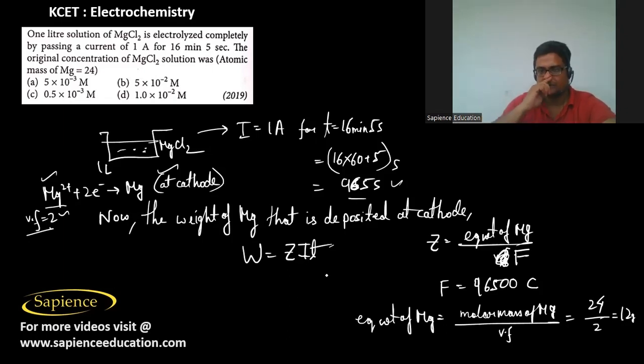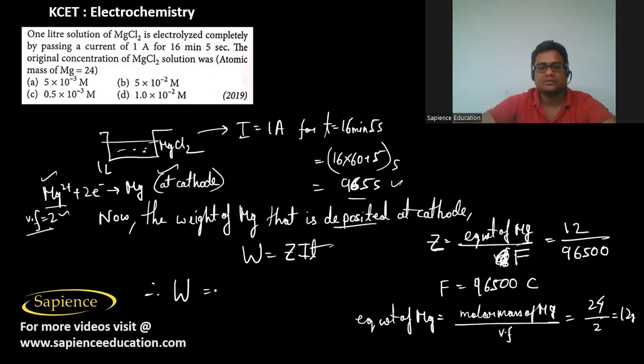So now therefore Z will be equal to the equivalent weight of magnesium, that is 12 by 96500. Now therefore the weight of magnesium deposited at the cathode will be equal to 12 by 96500 into I, which is 1 ampere, into T, that is 965.